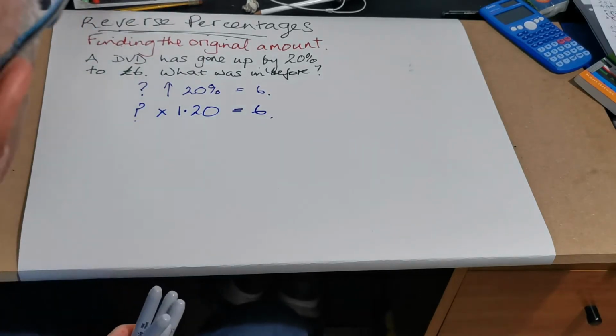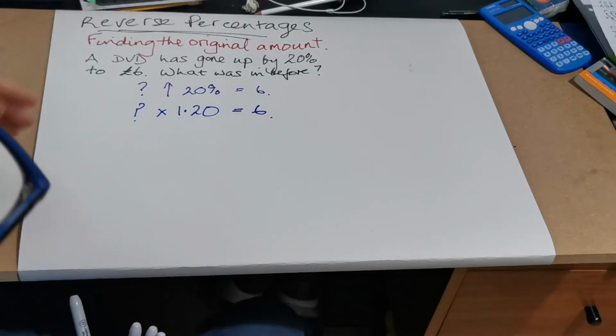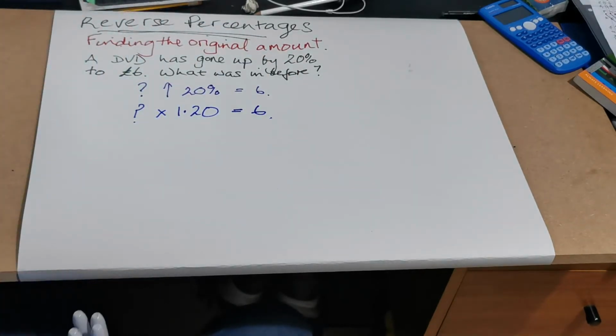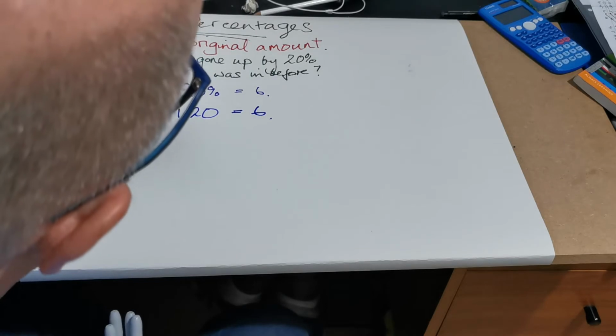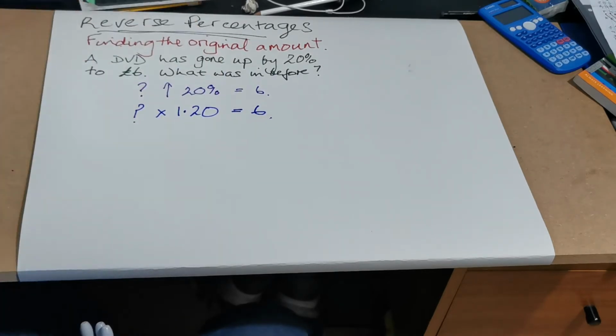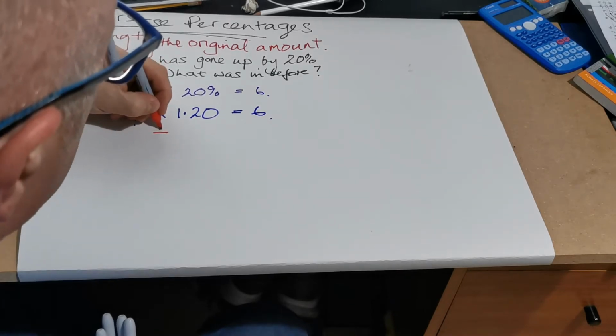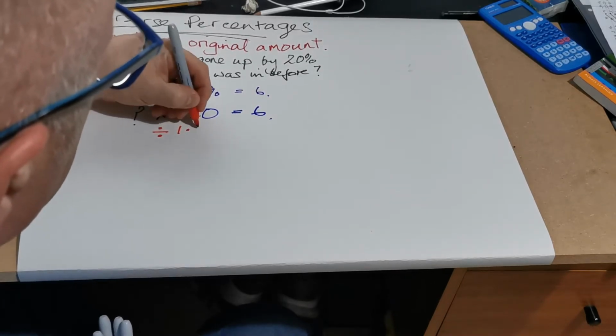Now, in terms of good practice and being able to find out what the question mark is here, I would say if the question mark's being times by 1.20 and I don't want it to be times by 1.20, I'm going to divide both sides by 1.20.